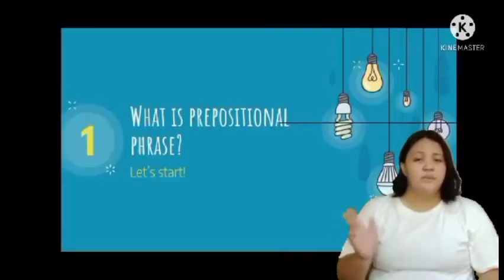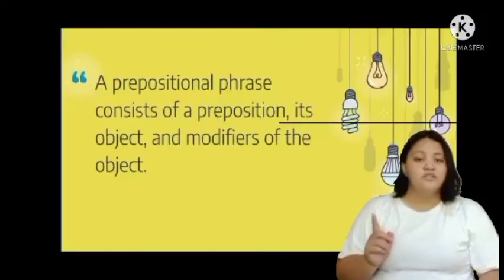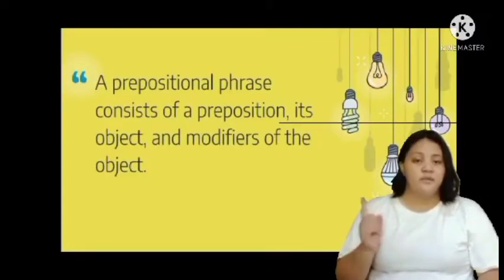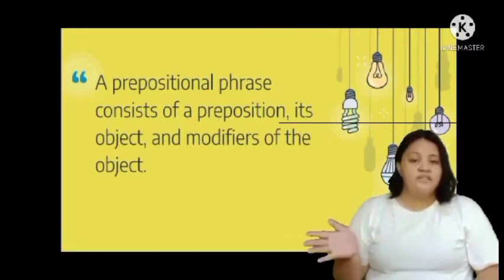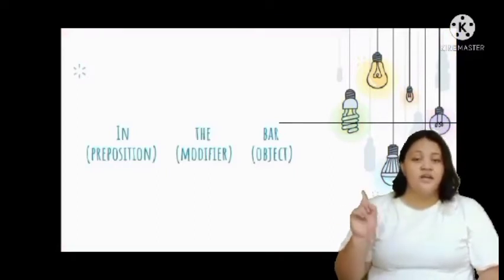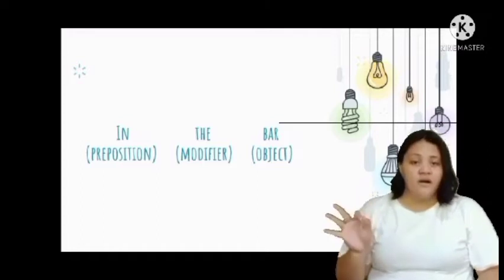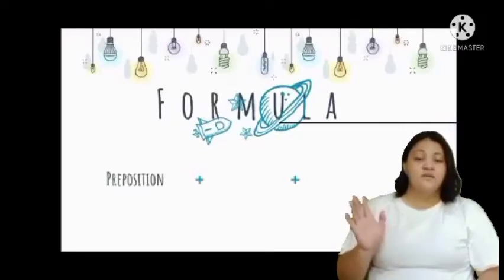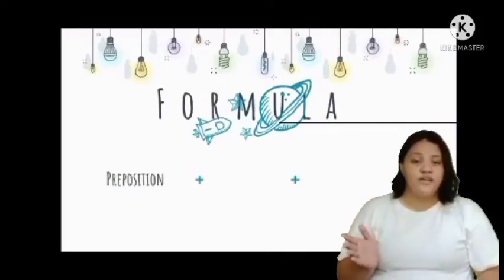So what is a prepositional phrase? A prepositional phrase consists of a preposition, its object, and the modifier of the object. Like in the previous example, "in the bar," in is the preposition, the is the modifier of the object, and bar is the noun or the object. So the formula for a prepositional phrase is: 1.